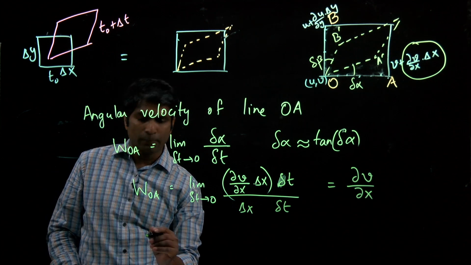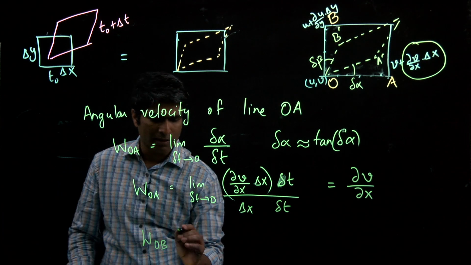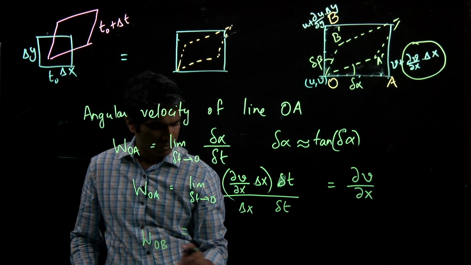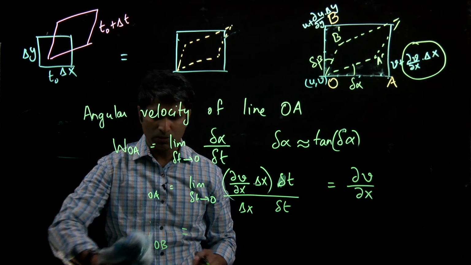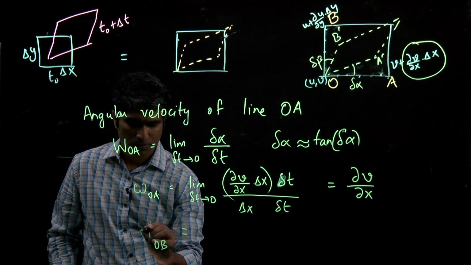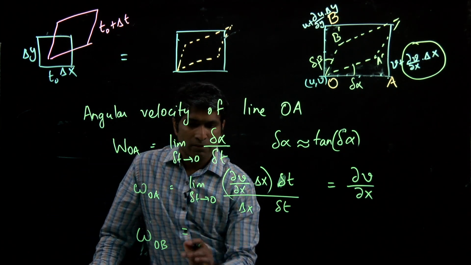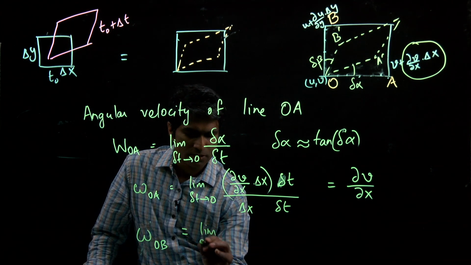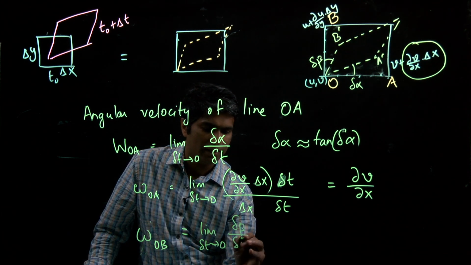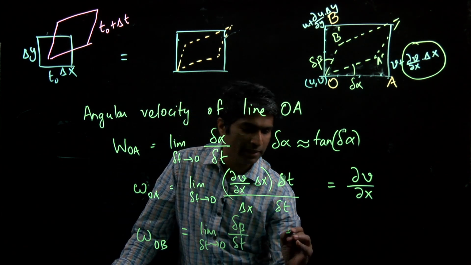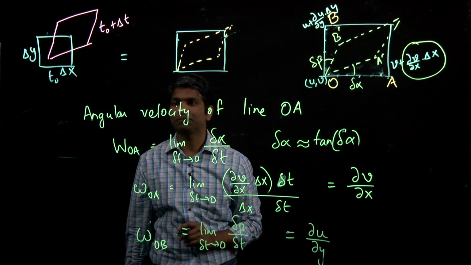And similarly, omega OB, it's actually omega, so let me call this omega rather than W. Similarly, omega OB will be the limit as delta t tends to 0 of delta beta over delta t, and that by a similar argument will become del u del y.